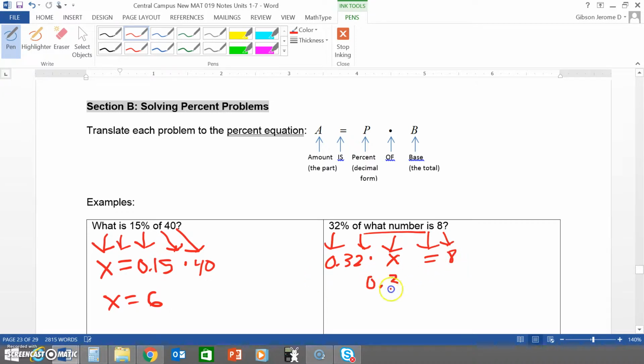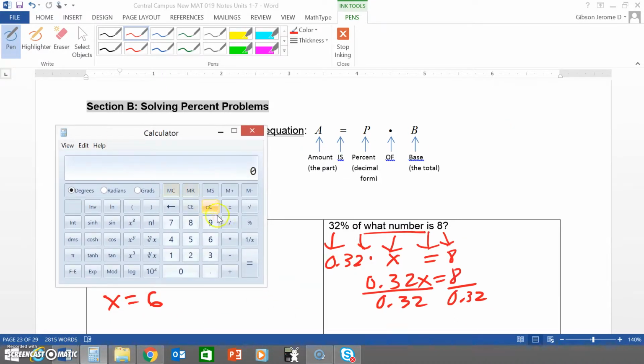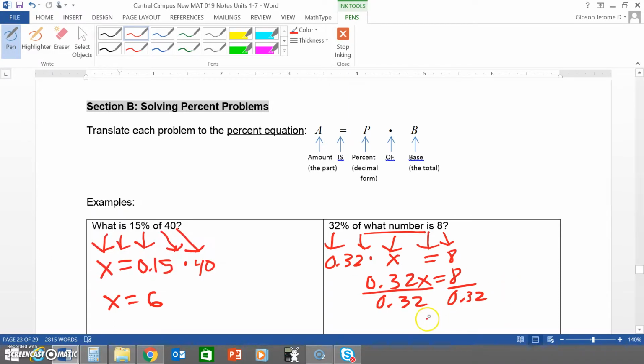So it'll be 0.32x is equal to 8. We divide each side by 0.32. And we will put this in our calculator. We have 8 divided by 0.32, which is 25. So x equals 25.